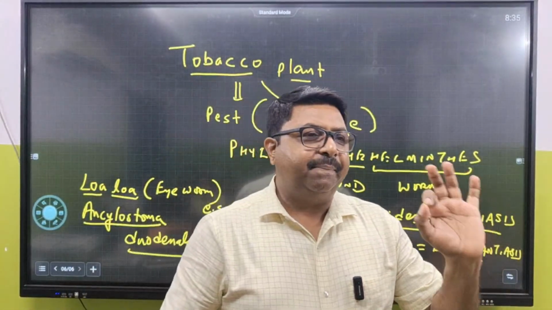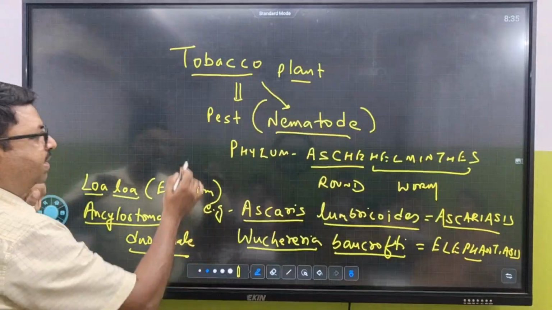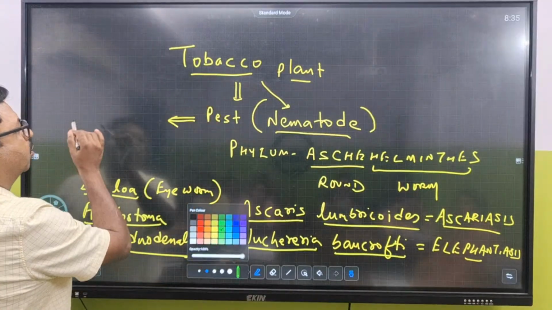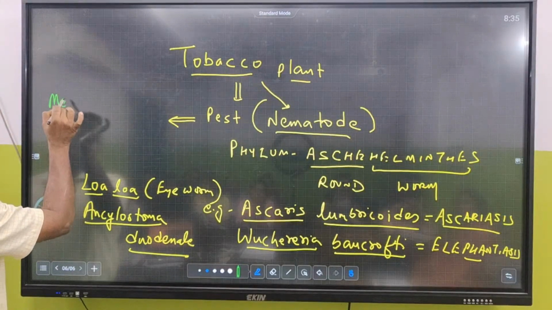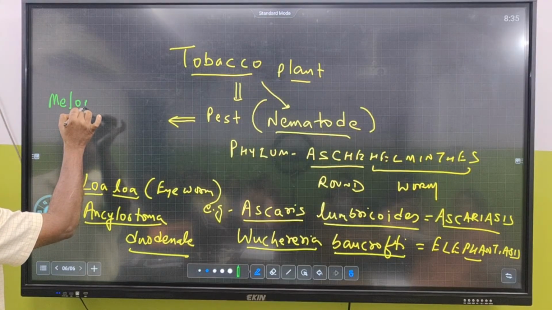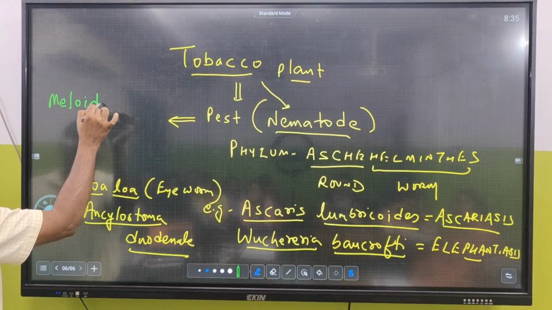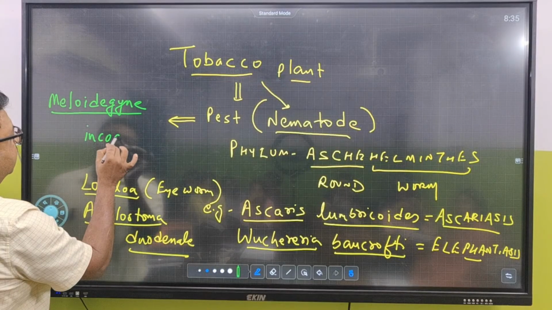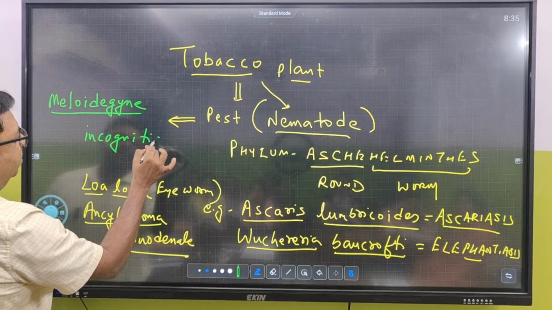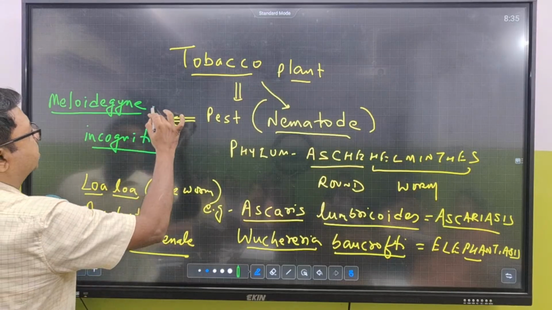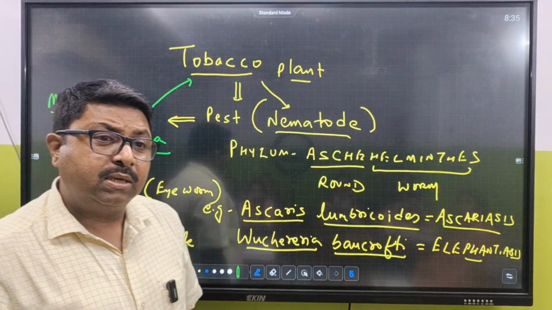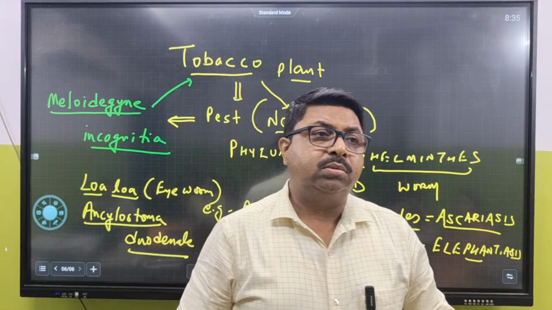Now, see, the name of the particular nematode which infests this tobacco plant is Meloidogyne incognita. This is the name of the nematode which mainly infects the tobacco plants. Which part? Shoot or root?